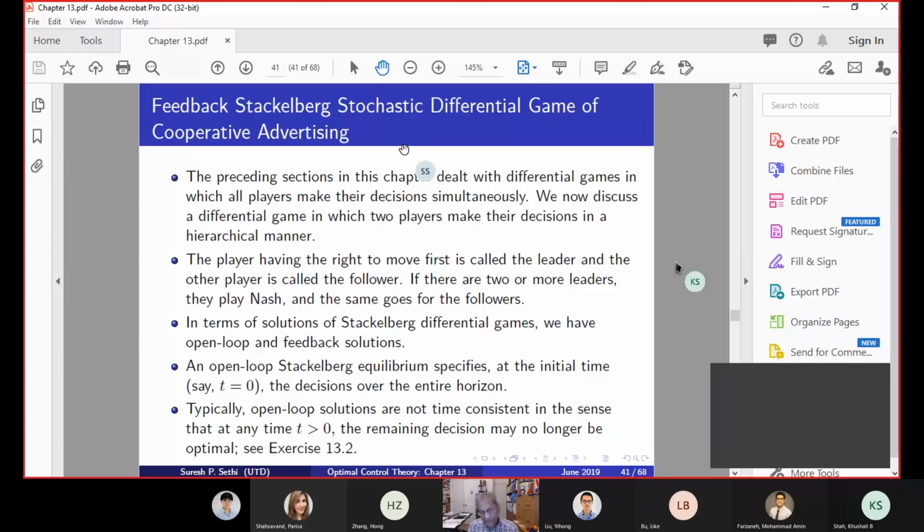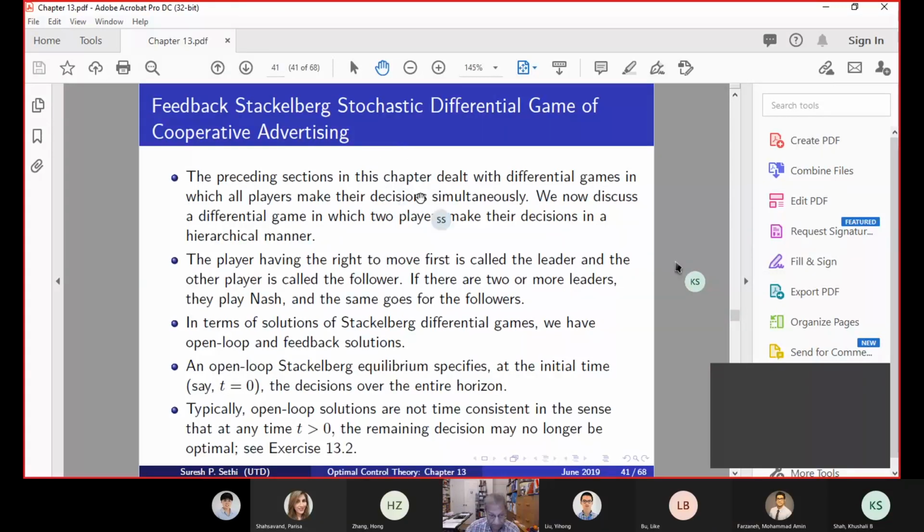The way to formalize them would be divide the period in small deltas, like delta 2, delta 3, delta 4, delta. And then one person makes a decision, the other person follows with a decision in the next delta period. And then the first person makes a decision again, the next person follows the next delta period, and then delta goes to 0. So that's one way to formalize a hierarchical setting of decisions.